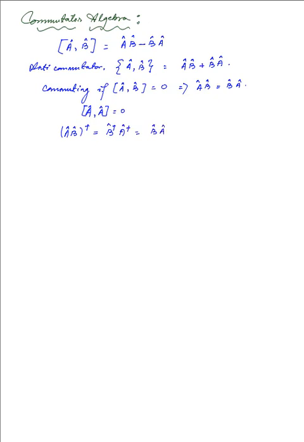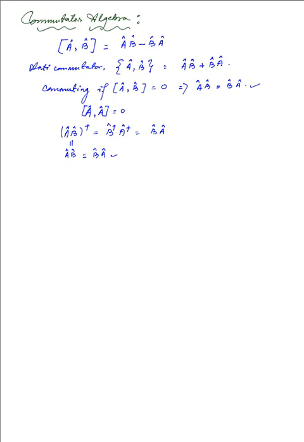So we have AB adjoint equal to BA. Since AB adjoint, because they are Hermitian, will be equal to AB itself, we have AB equal to BA, and that is the condition for the operators commuting with one another. Hermitian operators will definitely commute.